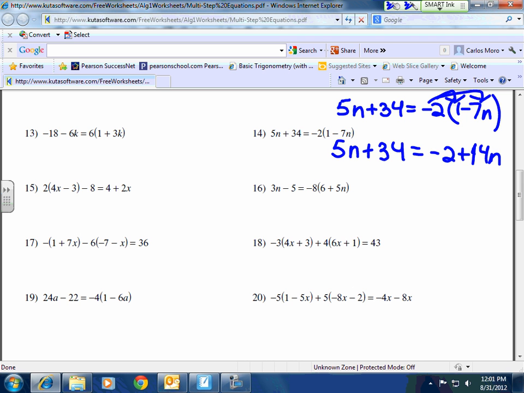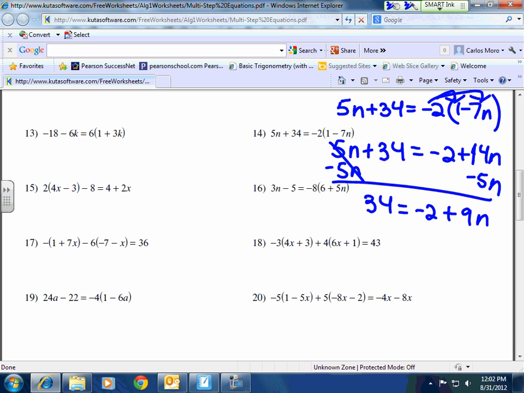Now, let's go ahead and combine like terms on both sides. I don't have any like terms to combine. So now let's get the variables together on one side. So I'm going to subtract 5n to both sides. I'm going to be left with 34 equals negative 2 plus 9n.